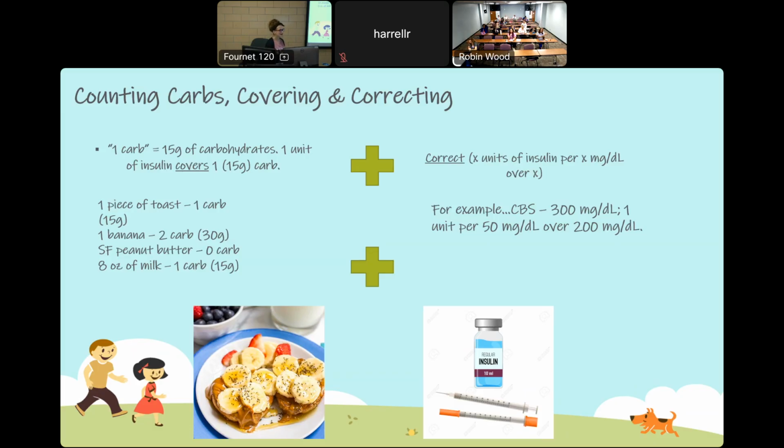But we're going to eat it anyway. But so 1 carb equals 15 grams of carbohydrates. And so this is going to come into play whenever we're doing the math to cover the carbs that the patient's eating. And then 1 unit of insulin typically covers 1 carb. So meaning 1 unit of insulin covers 15 grams of carbohydrates.